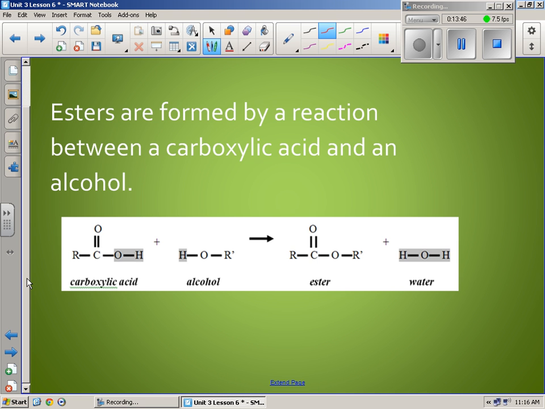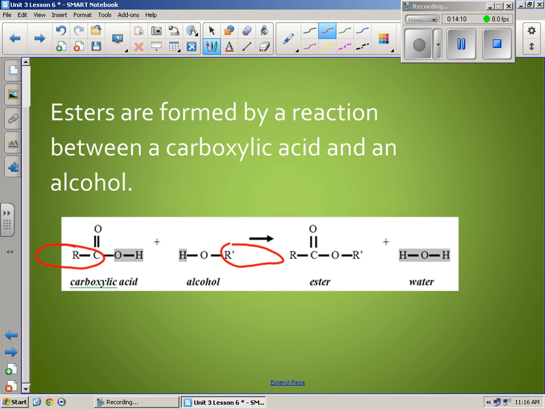The carboxylic acid, which we just finished talking about, looks like this here. Long carbon chain here, and you have your double bond O and OH. Alcohols also usually have a long carbon chain, with an OH added onto here. That's what makes it the alcohol. So you have your long carbon chain here, and you have your OH.